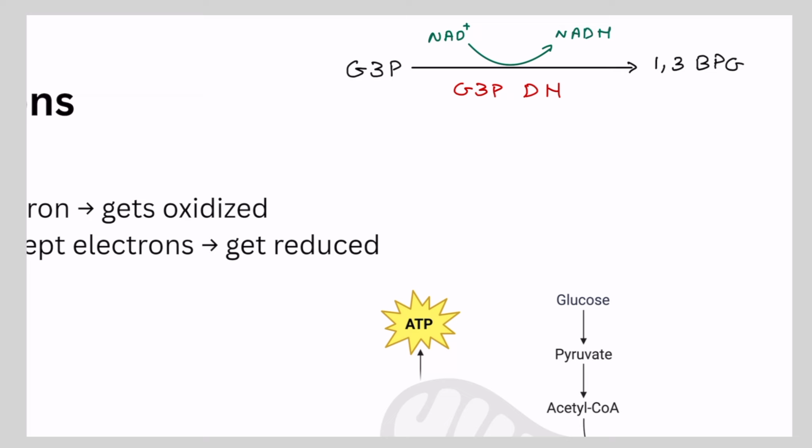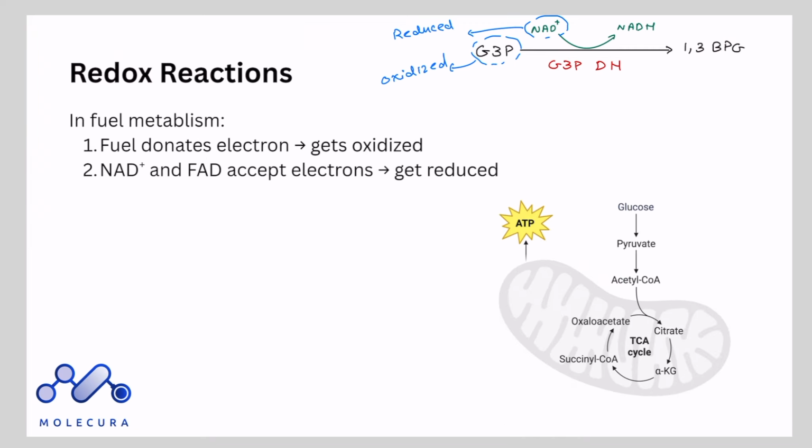So in this reaction, our NAD plus is getting reduced and our G3P is getting oxidized. This is an example of a redox reaction happening in metabolism. So this always happens. Our fuels are getting oxidized by donating electrons, and NAD plus and FAD are accepting electrons to get reduced.